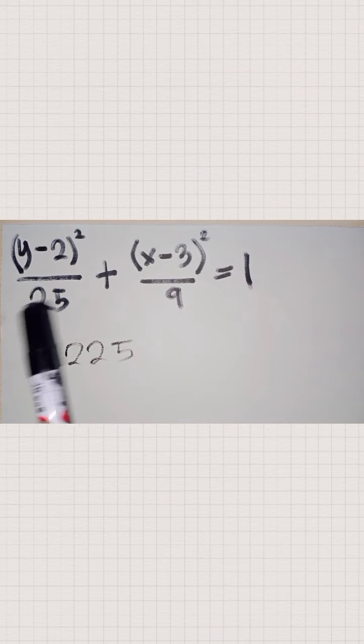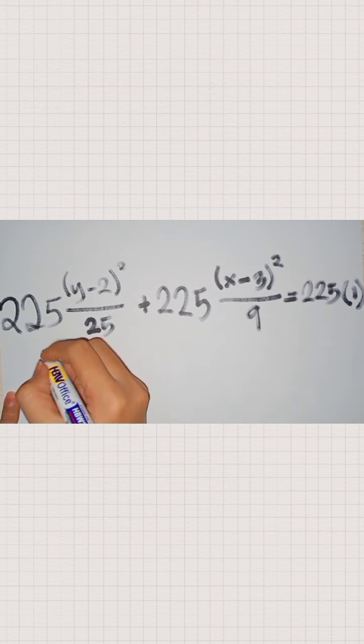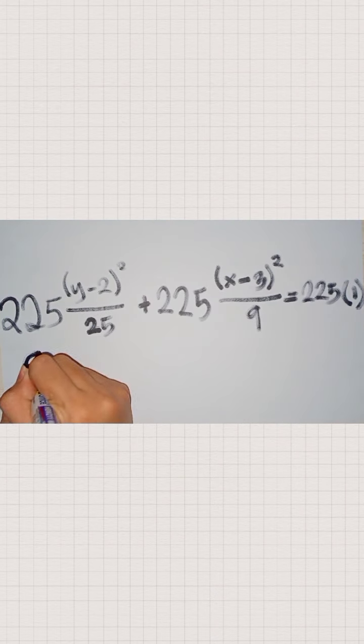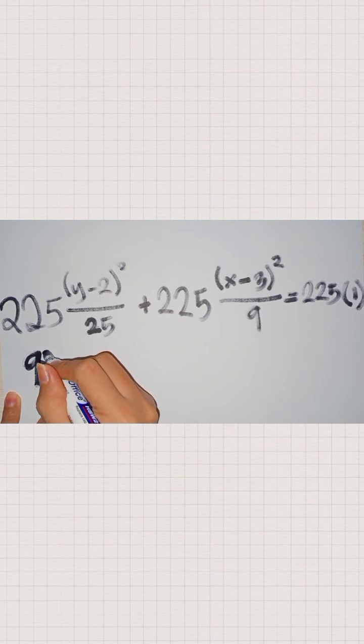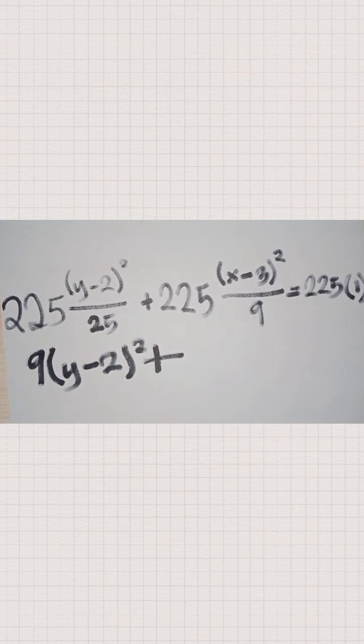So, ang 225, i-multiply natin sa lahat ng terms na nandito. So, ngayon, isi-simplify natin sila. Ang 225, i-divide mo siya sa 25. So, magiging 9. Quantity of y minus 2 squared plus, ang 225, i-divide mo siya sa 9.